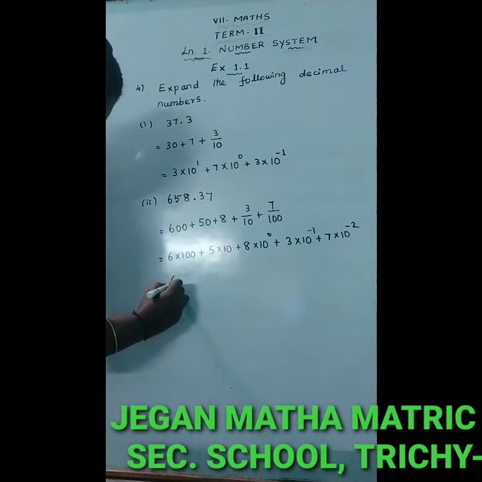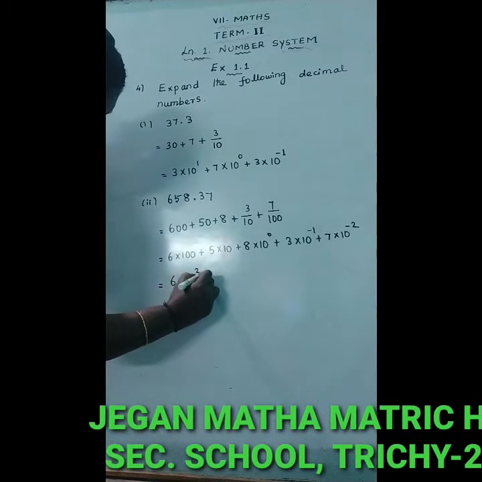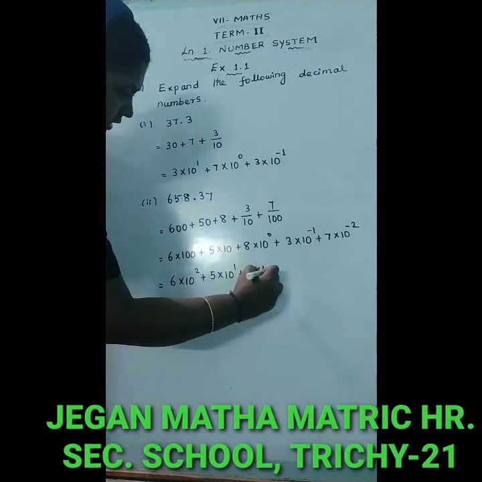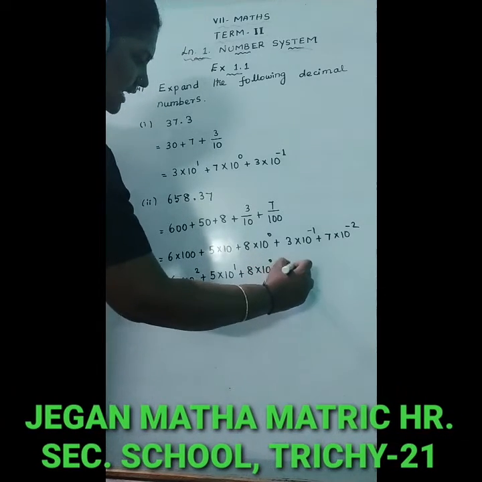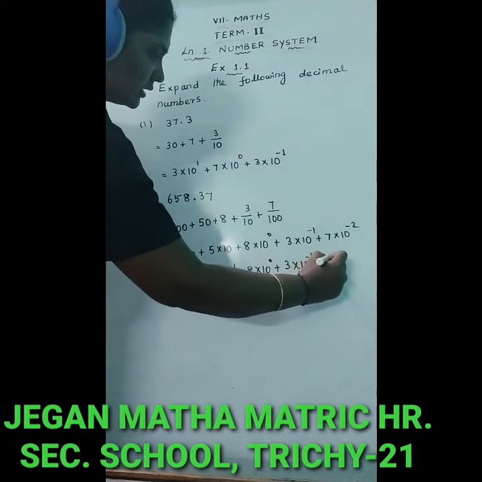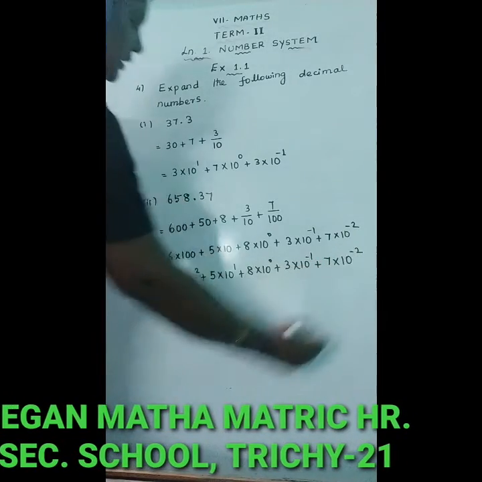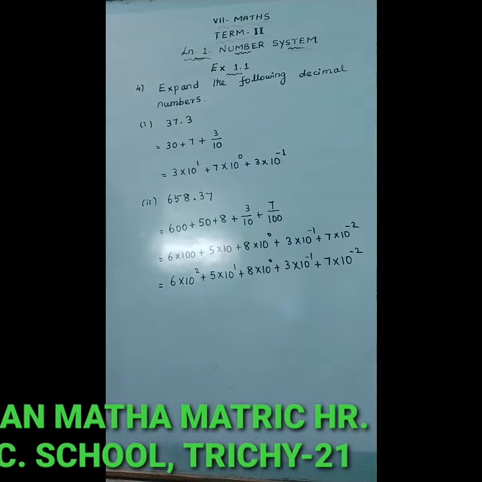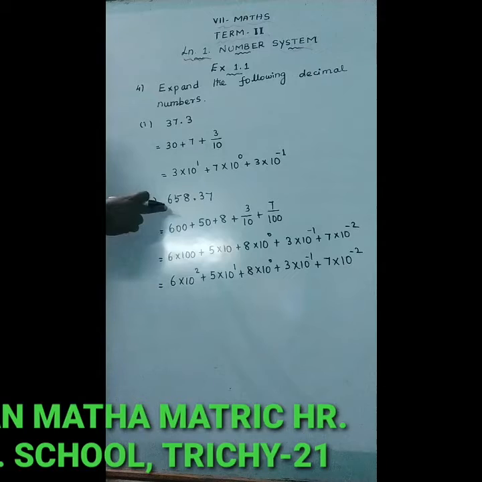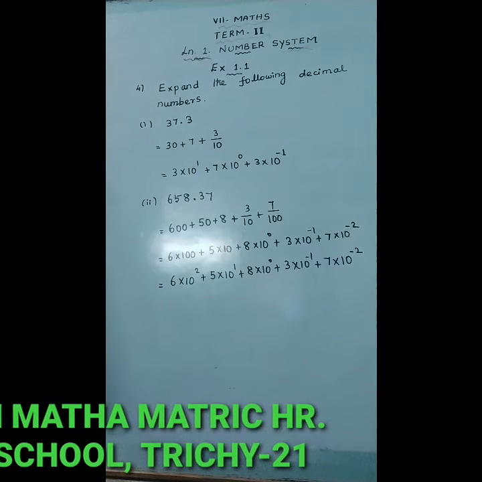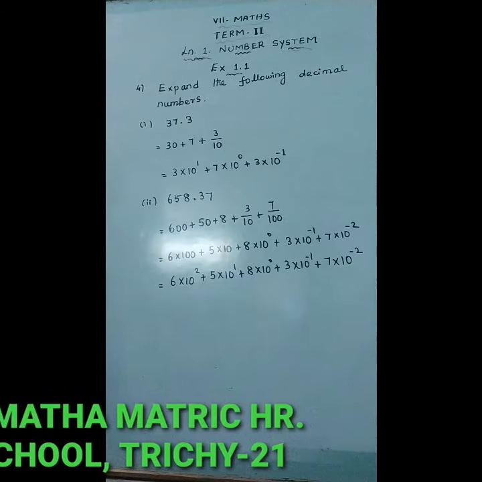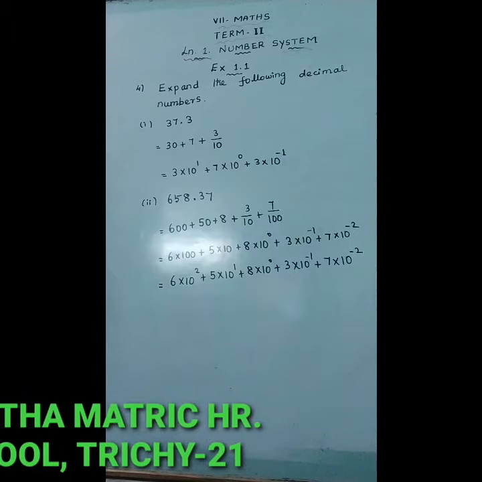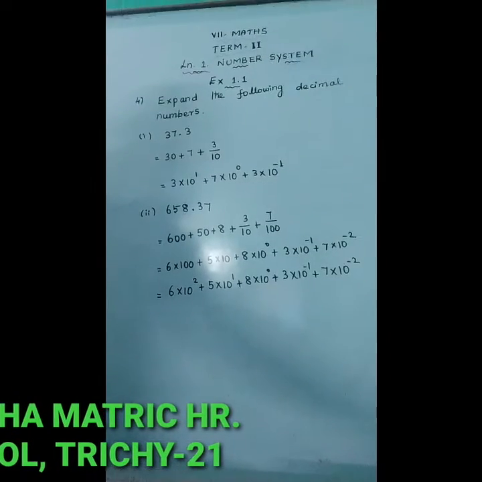So we write 6 into 10 power 2 plus 5 into 10 power 1 plus 8 into 10 power 0 plus 3 into 10 power minus 1 plus 7 into 10 power minus 2. This is how to expand the decimal numbers. So for 658.37, the expanded form is 6 into 10 power 2 plus 5 into 10 power 1 plus 8 into 10 power 0 plus 3 into 10 power minus 1 plus 7 into 10 power minus 2.